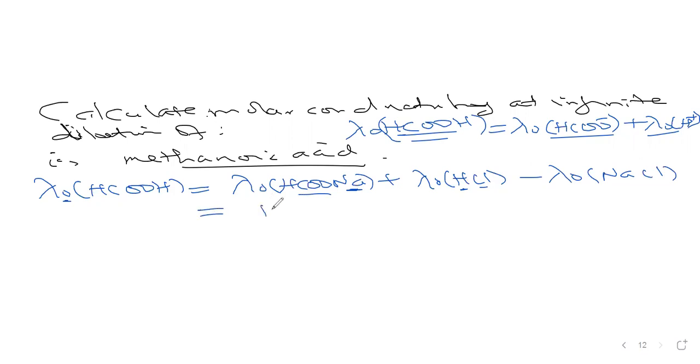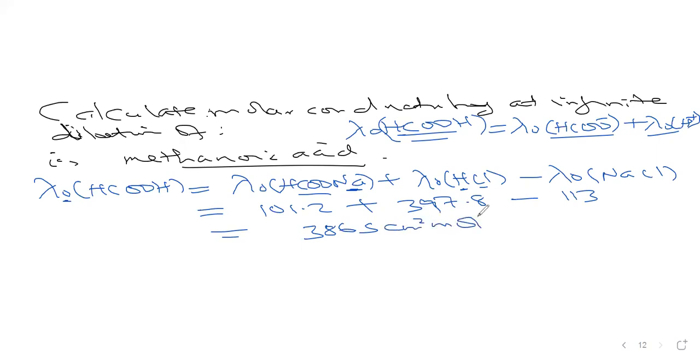That of sodium methanoate is 101.2. That of hydrochloric acid is 397.8. And that of sodium chloride is 113. The final answer here is 386 S centimeters squared per mole. That's the molar conductivity at infinite dilution of methanoic acid.